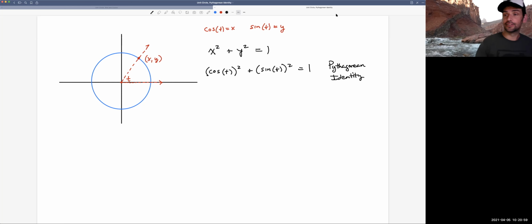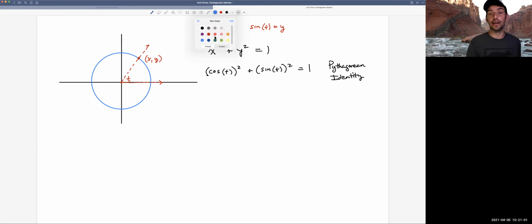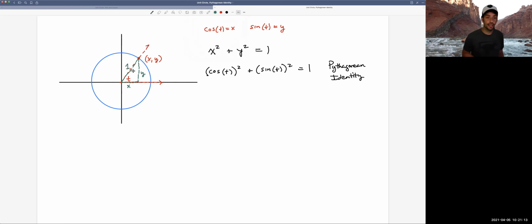You might guess that it's related to the Pythagorean formula having to do with triangles, and there's no accident there. You can draw this triangle and see that x and y are sides of a right triangle, and the sum of the squares of the sides is equal to the square of the hypotenuse, and the hypotenuse is 1, because it's the unit circle, right? And any point on this circle, pick another point, we can draw another right triangle with a different x and y coordinate, but they still have that same relationship.